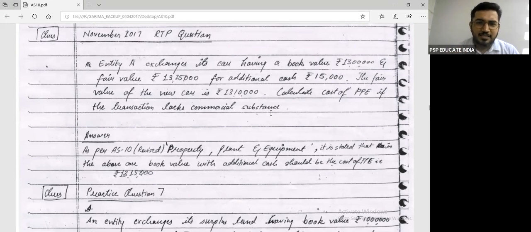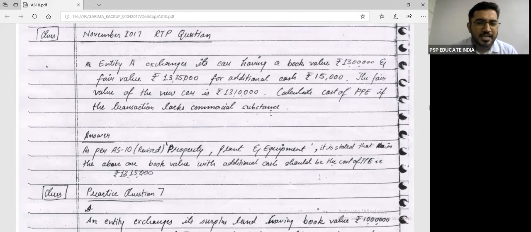Okay. Can someone tell me what is the book value of the asset given up in the question? Book value in the question is 13 lakhs. Okay, अब ध्यान देना please. क्या आपने 13 lakhs के ऊपर और कुछ भी कैश दिया है? Have you given anything more than 13 lakhs in this question?